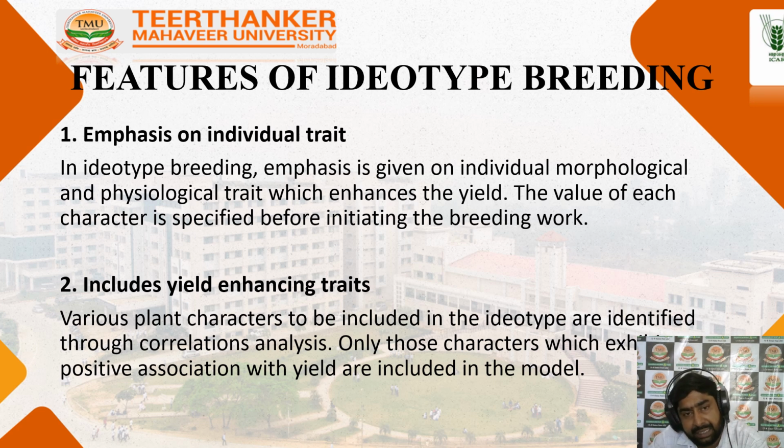The value of each character is specified before initiating the breeding work. Number two is that it includes yield-enhancing traits. Various plant characters to be included in the ideotype are identified through correlation analysis. Only those characters which are positively associated with yield are included in the model.